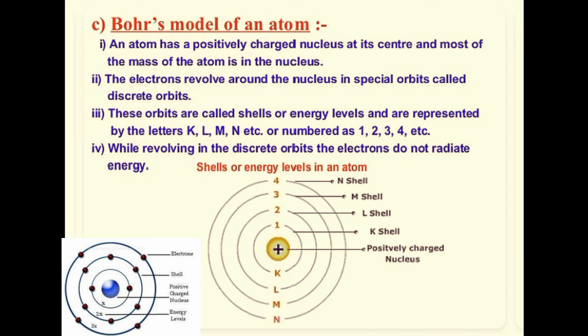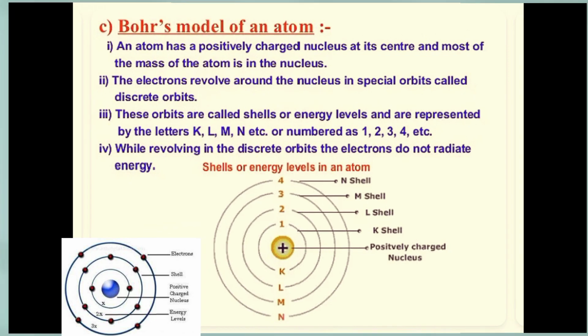Second, the electrons revolve around the nucleus in spherical orbits called discrete orbits. Third, these orbits are called shells or energy levels and are represented by the letters K, L, M, etc., or numbers 1, 2, 3, 4, etc. Fourth, while revolving in a discrete orbit, the electron does not radiate energy. This is the energy shell.